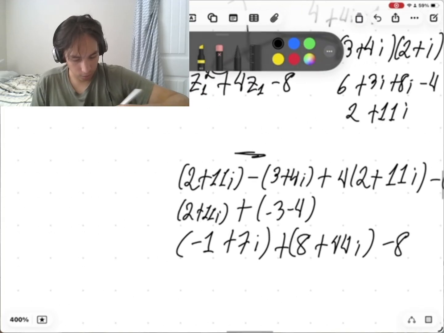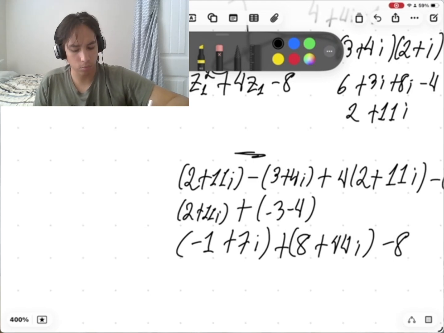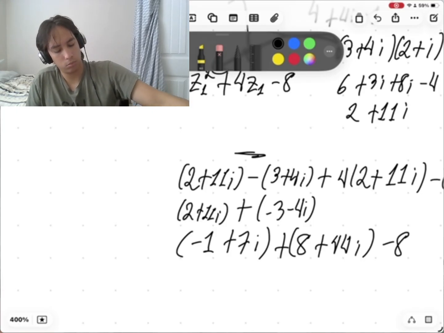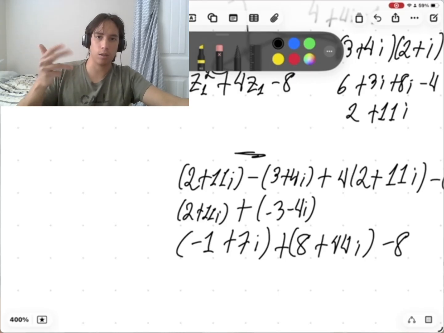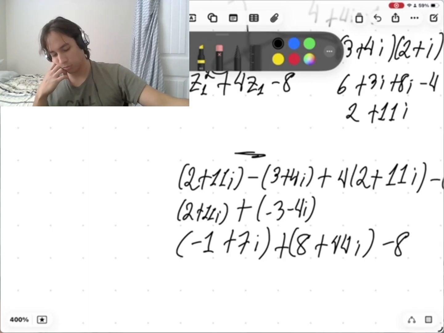So 2 minus 3 is negative 1. 11 minus 4 is 7. That's negative 1 plus 7.